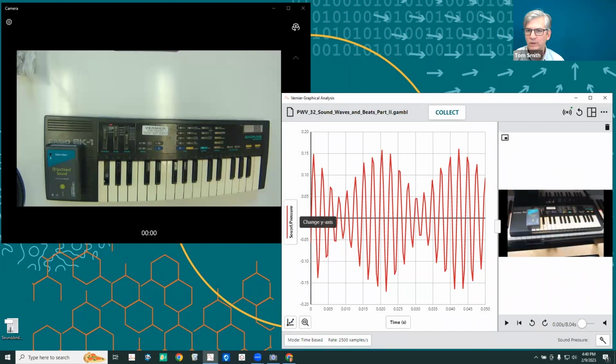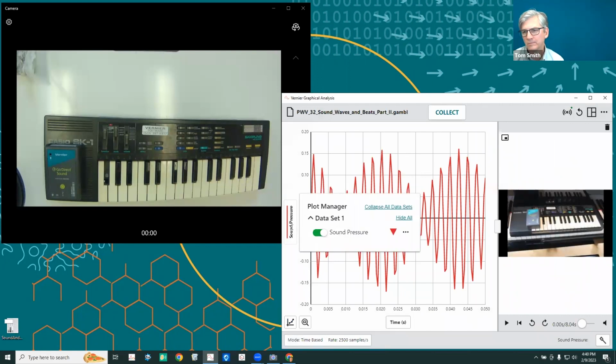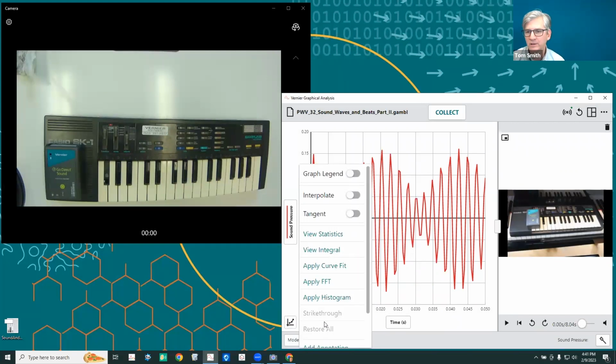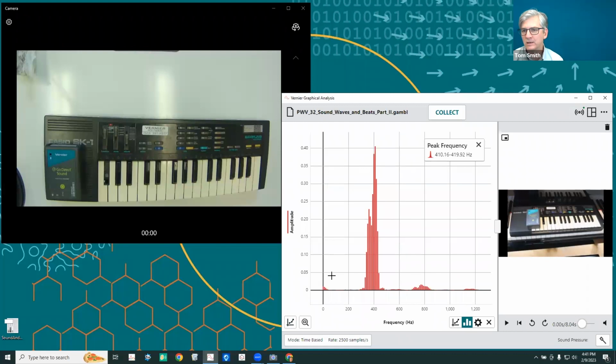It's a combined waveform. Oh, this only has a combined waveform. Of course it does. Well, let's take a look at the FFT for this particular set of data, which gives us a peak value that's pretty close to the peak value of the single waveform, so 410 hertz.